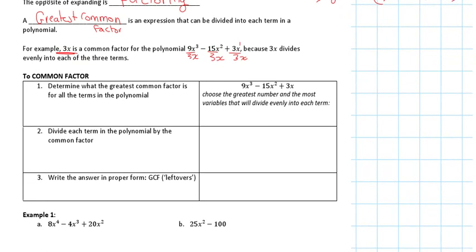Since we know that 3x is our common factor, you're going to write your 3x outside, put an equal sign, write your common factor outside, and then divide each term by the 3x. Make sure that you write your greatest common factor outside. Otherwise, you're changing your equality.